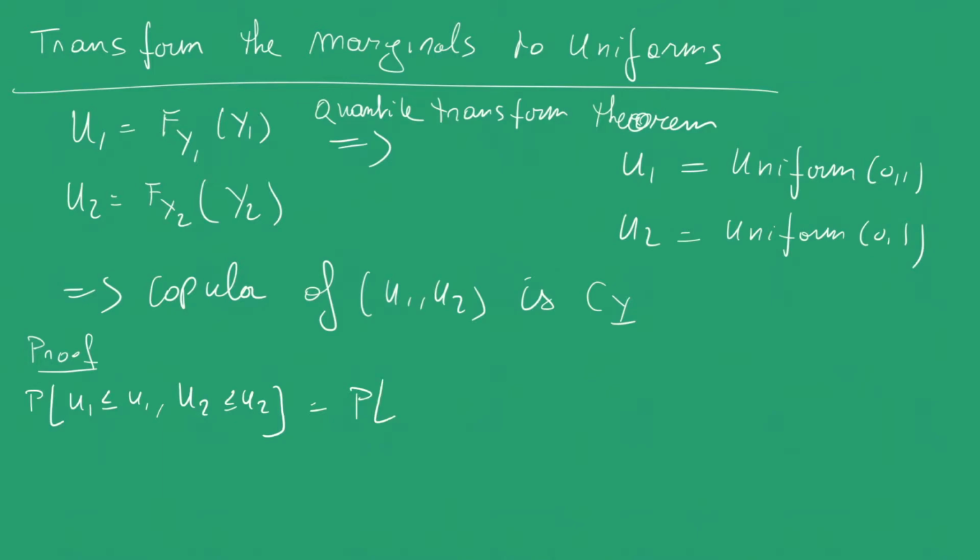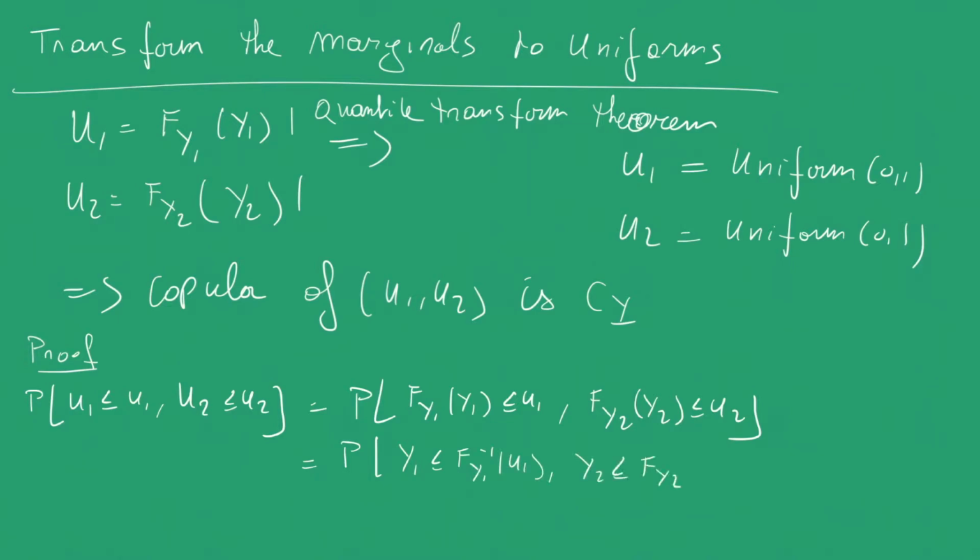So I replace the u1, u2 with the definitions. Since I assumed that everything is continuous, y1, y2 are all continuous random variables, I can do the following. And here you recognize the joint CDF of the random vector y1, y2. So this is just the joint CDF of y applied in these points.